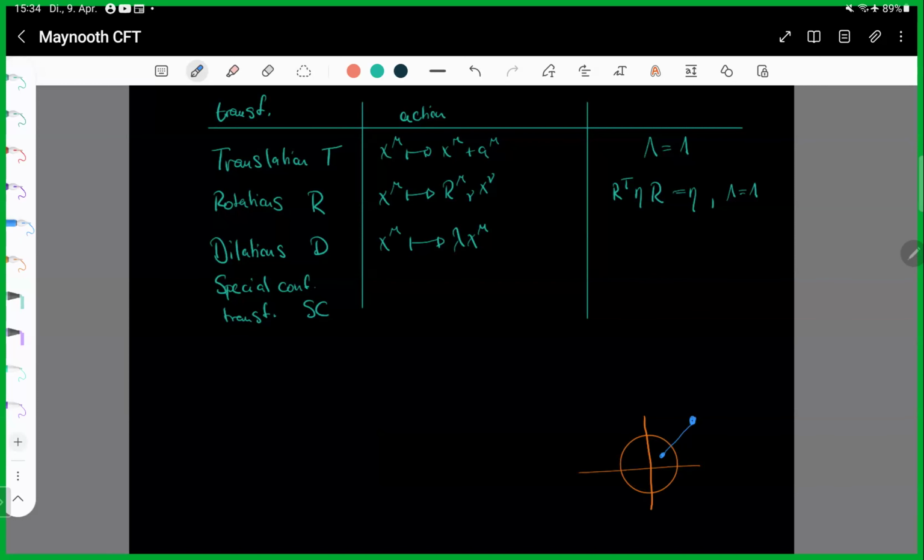But it turns out that it's useful to take another translation. So this is an inversion, this is a translation, translate this thing and take it all the way back by another inversion. So the special conformal transformations are an inversion followed by a translation followed by an inversion. And you can check that these are also conformal.